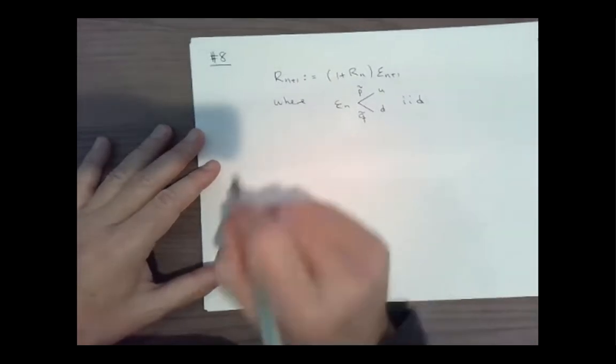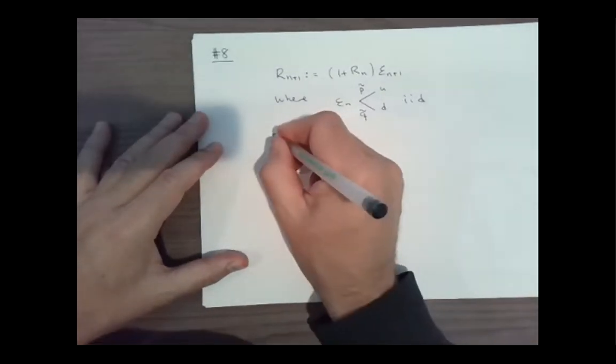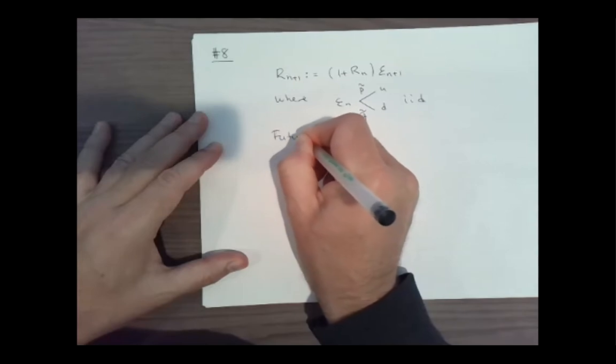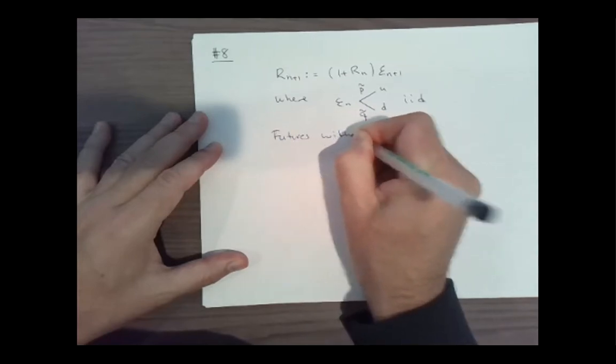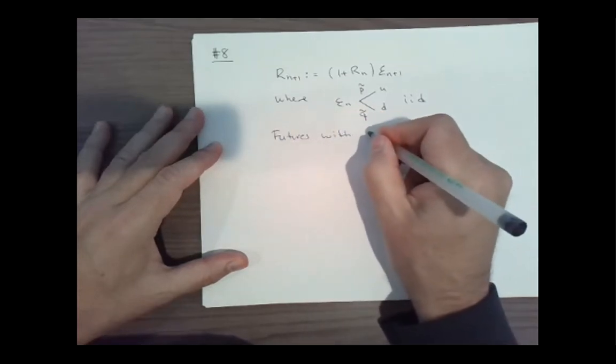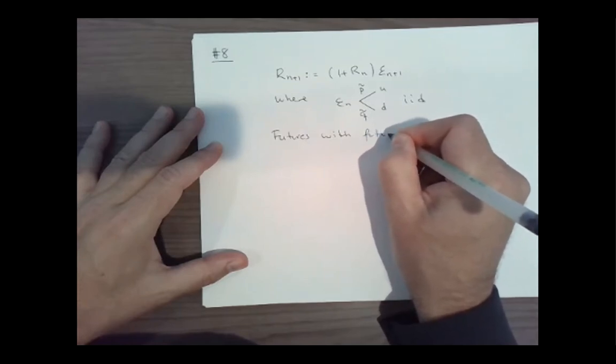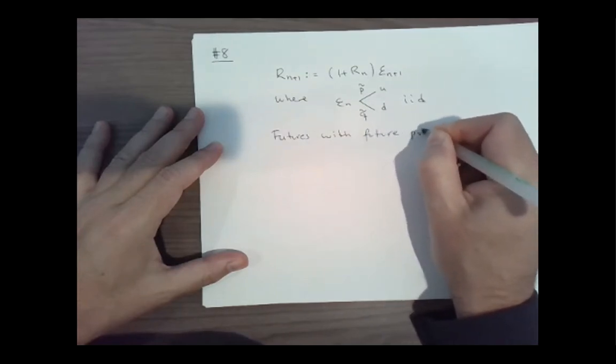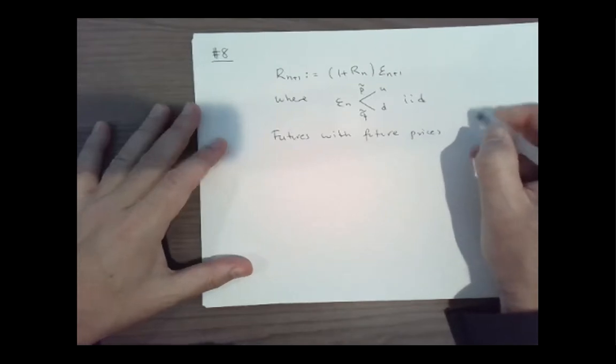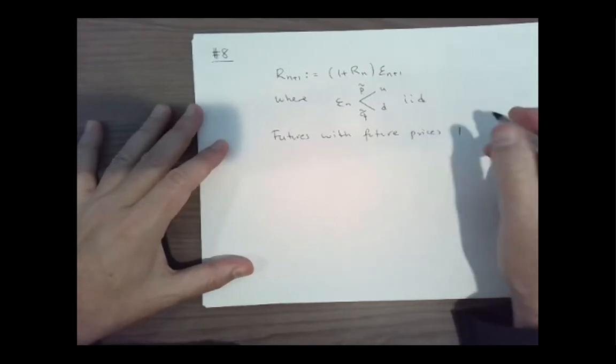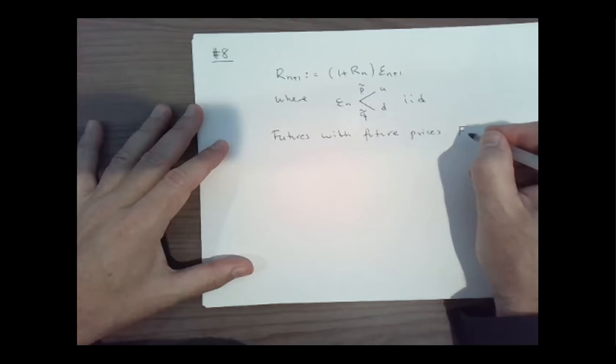And then we're looking at futures, with futures prices. Here it's called F, the same as in the F_k.